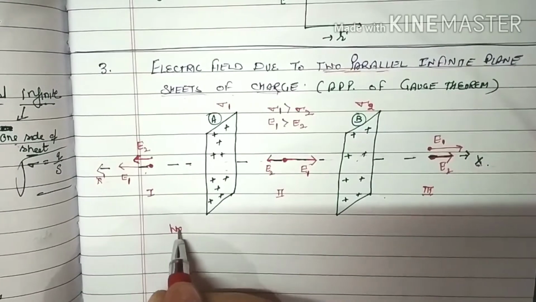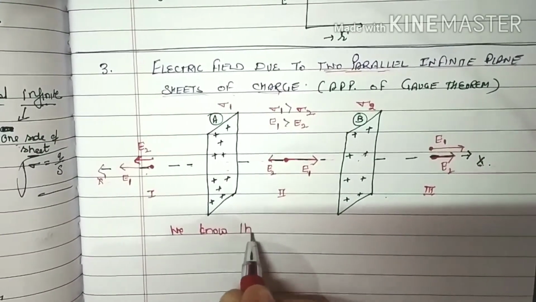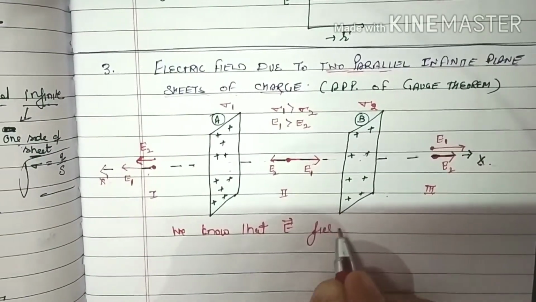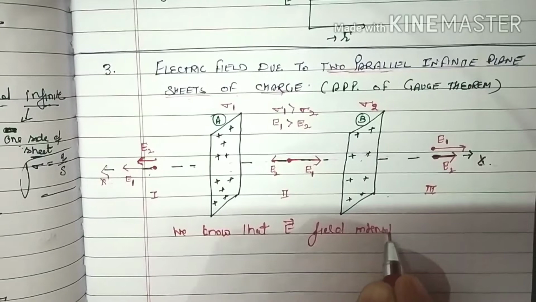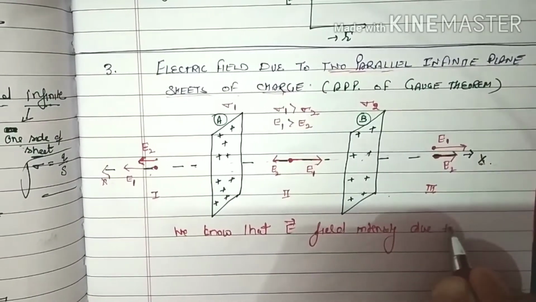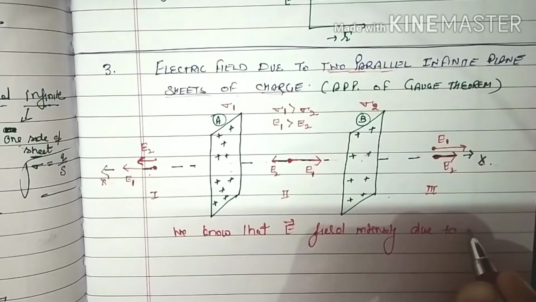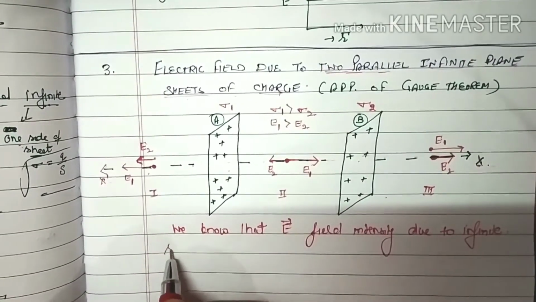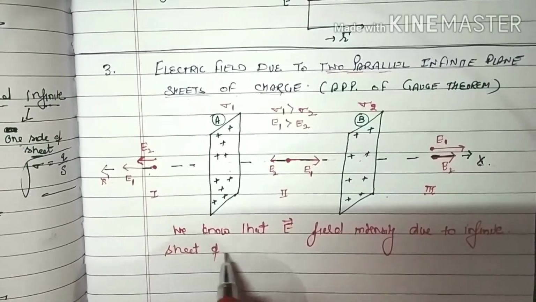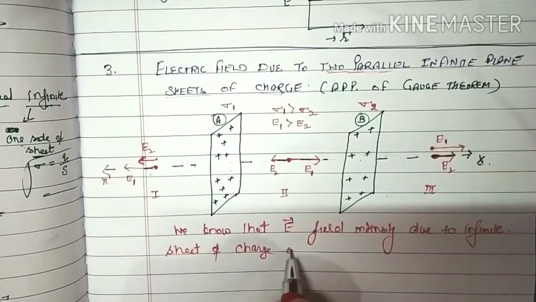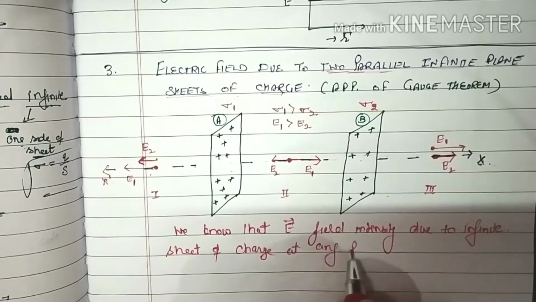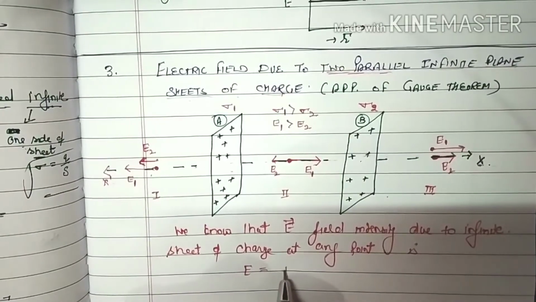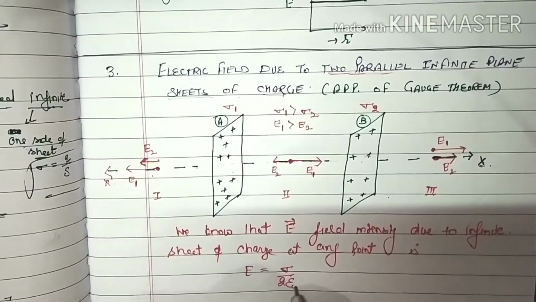Firstly, we know that the electric field intensity due to an infinite sheet of charge at any point is E equals sigma upon 2 epsilon naught.